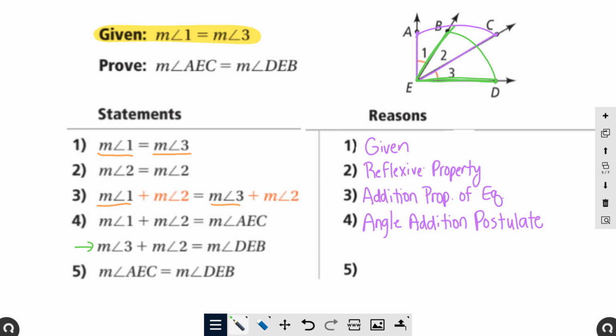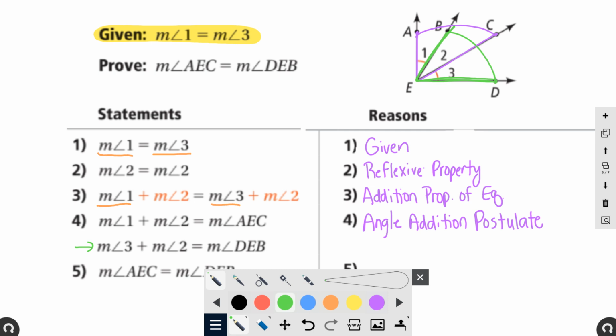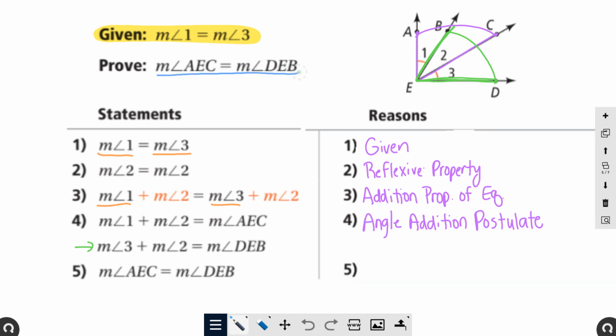Now, our last statement is always what we want to prove. So if you notice up here, what we want to prove is always going to be last. Imagine that connects. Oh, there it goes. It's always that last statement. But the last reason is never prove. You can't write the word prove in your proof. You have to say, why is that true?